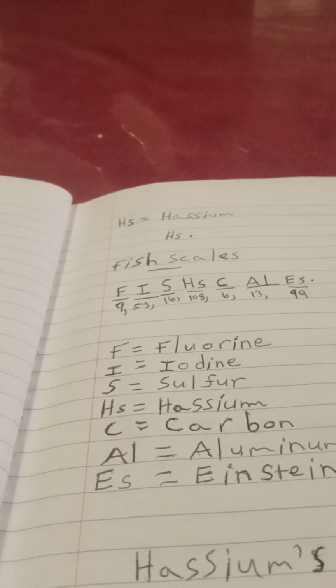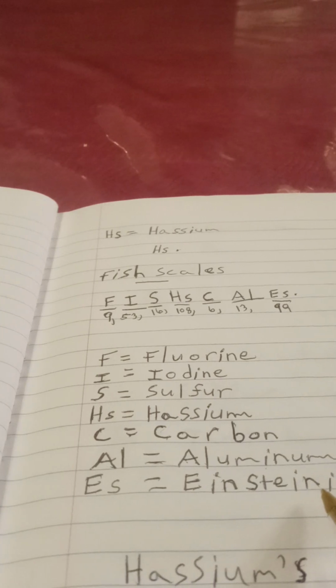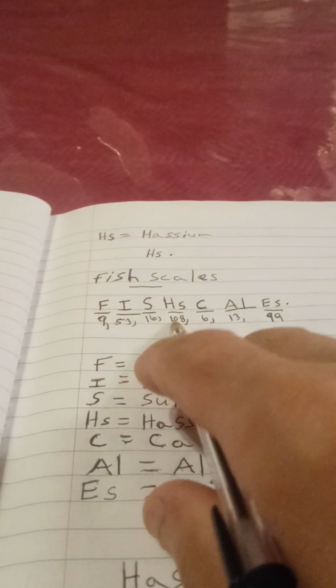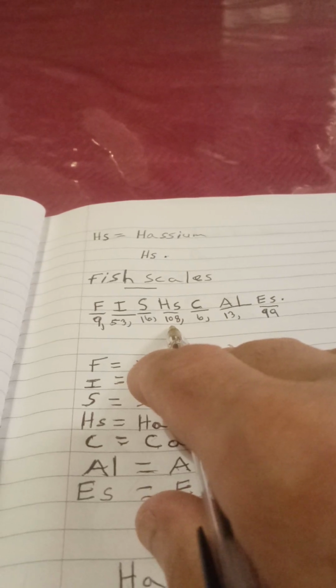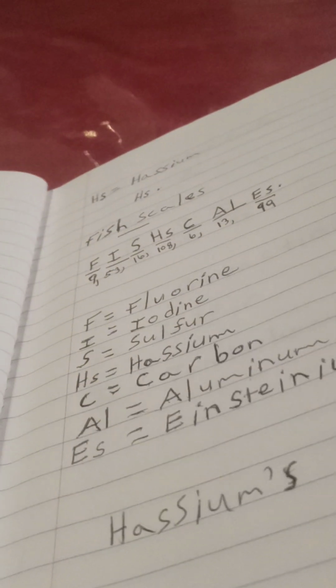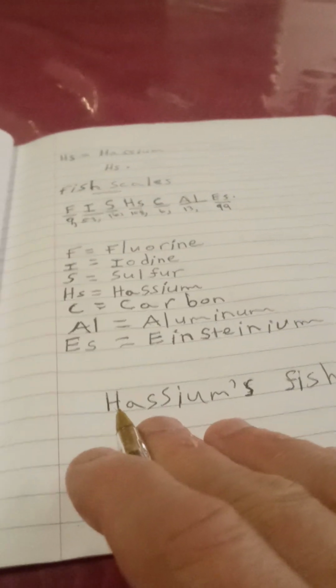Okay? 108 is the atomic number for Hassium, capital HS. See right there? 108 is the atomic number. So the name of the store is Hassium Fish Scales.